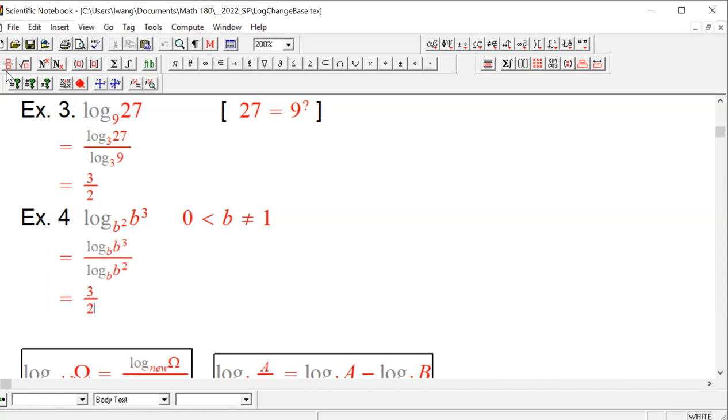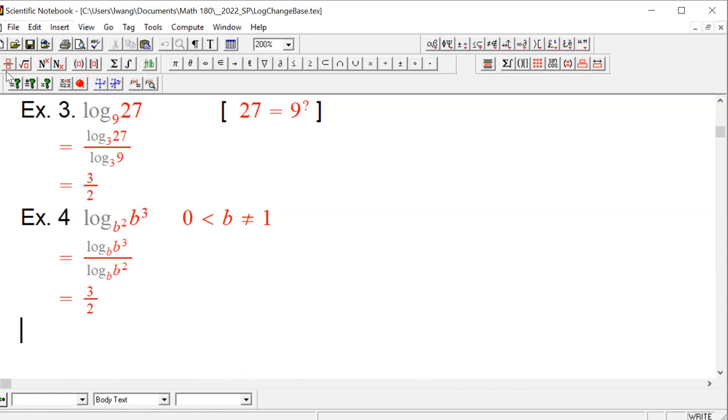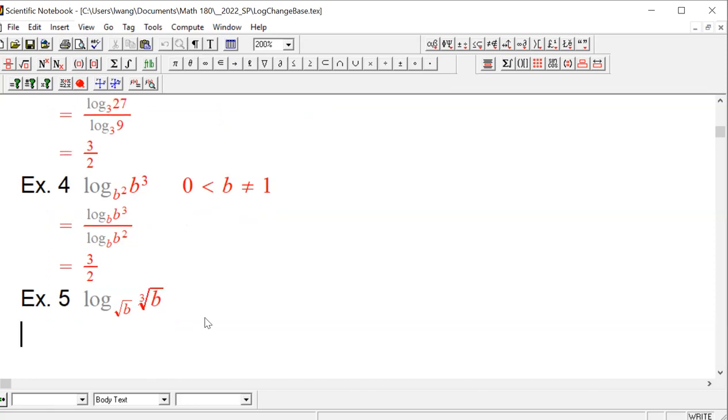Let's do a few more. Okay, example number 5. And here we have log base square root of B, okay? And omega is cubic root of B, right? So what do we get now?